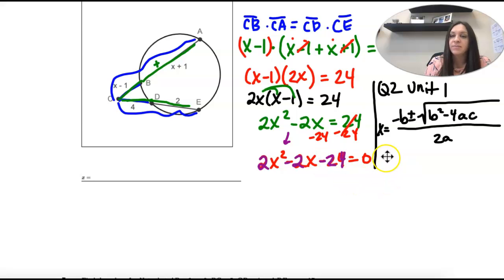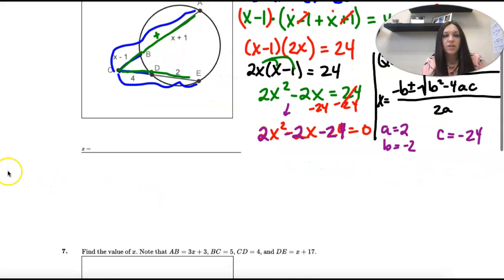So a is 2, it's the number by x squared. b is negative 2, it's the number by x. And c is negative 24, it's the number by itself.